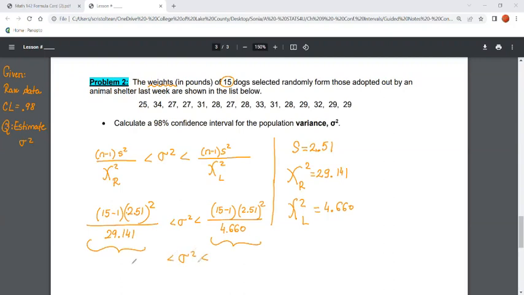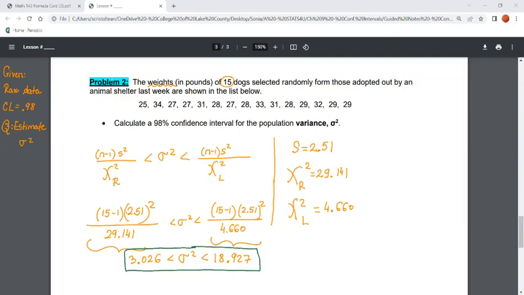Do so and check. Here are the answers: 3.026 and 18.927. Since I must find the confidence interval for the population variance, I use the proper symbol right here, and I do not square root these upper and lower bounds. So make sure you know when you square root this and what symbols go along with that process.